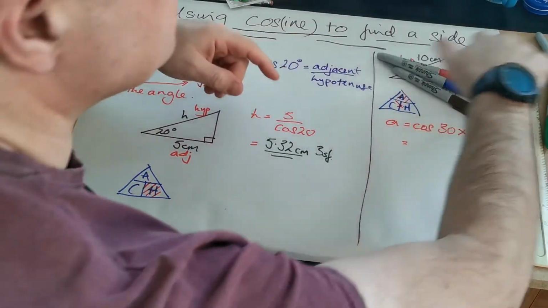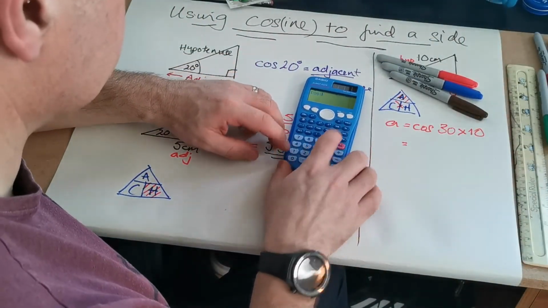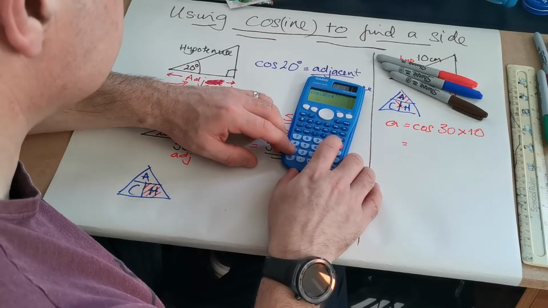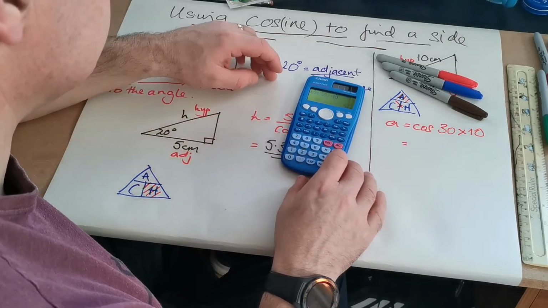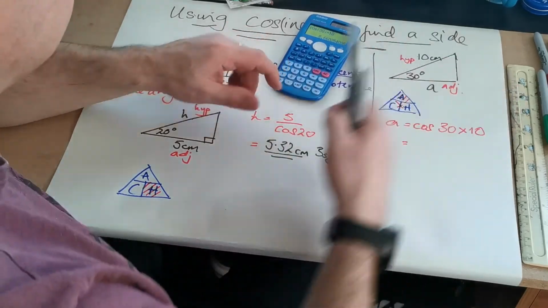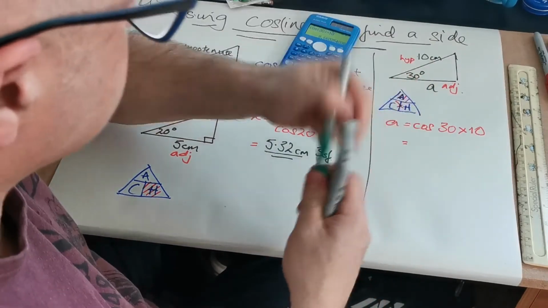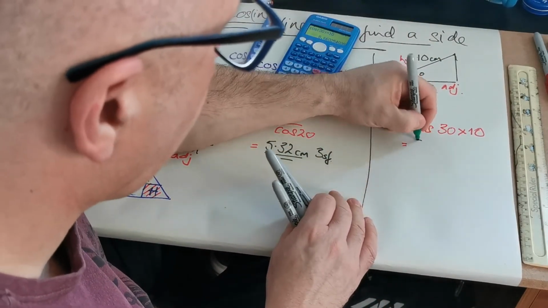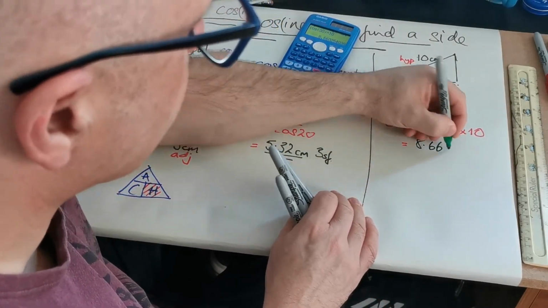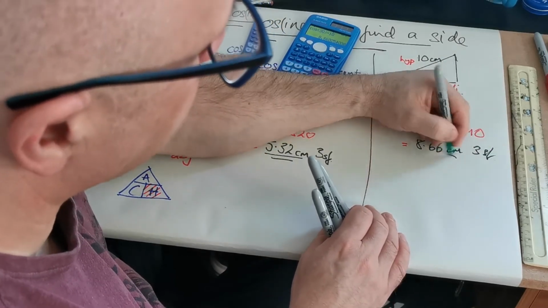Put that into my calculator. Cos 30 times 10 is equal to 5√3, it says, which is 8.66 centimeters. And again to 3 significant figures.